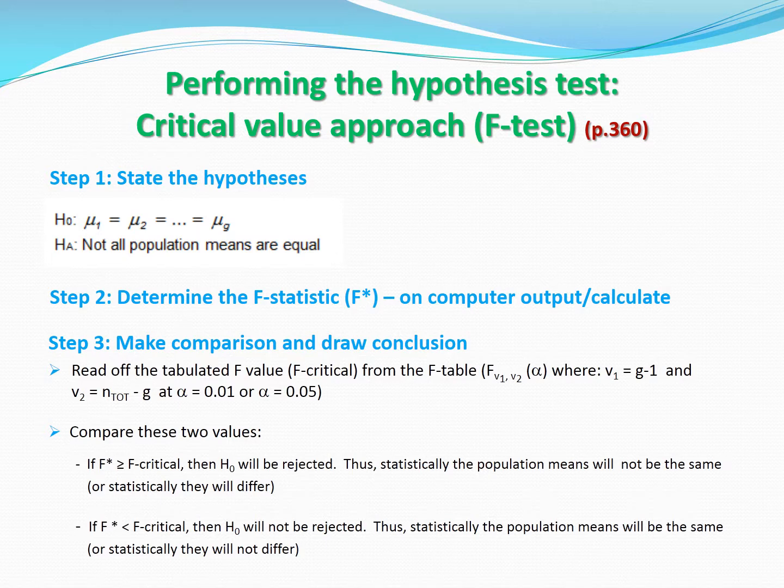But if your F statistic is less than your F critical value from your F table, then your null hypothesis will not be rejected. So then your population means will be the same, or statistically they will not differ from each other.